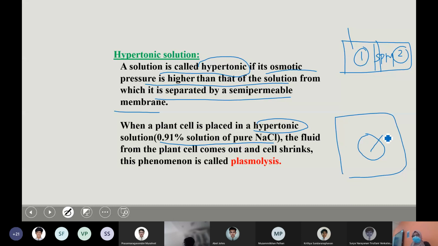So what happens? Water will move from the cell in the outward direction because of the hypertonic solution, and so the plant cell, or whatever cell you have taken, will shrink because of the movement of water from the cell to the outside.